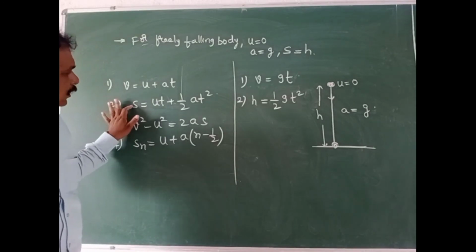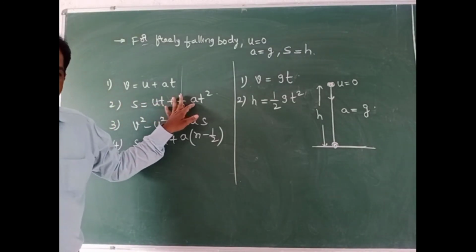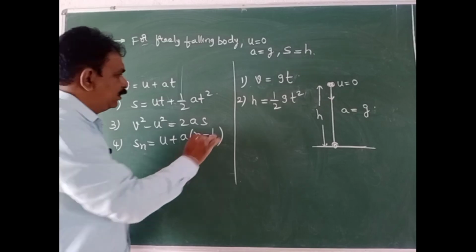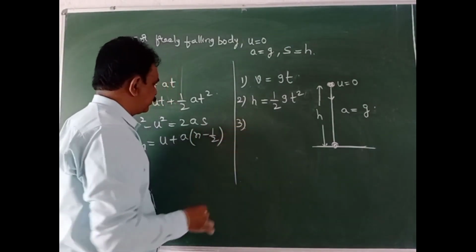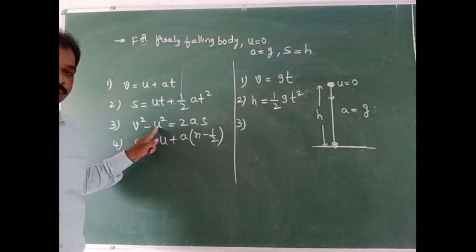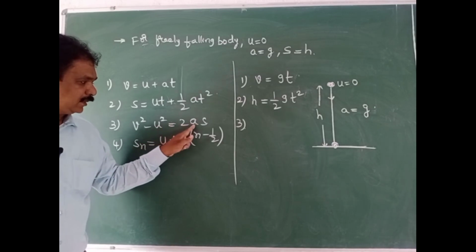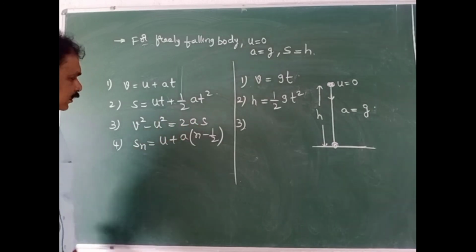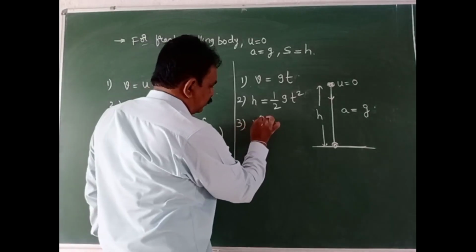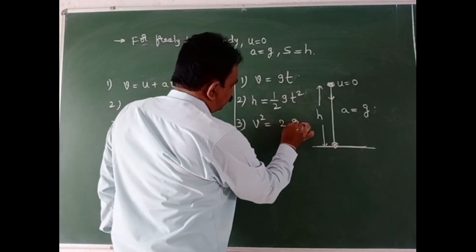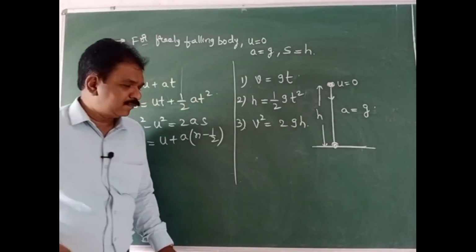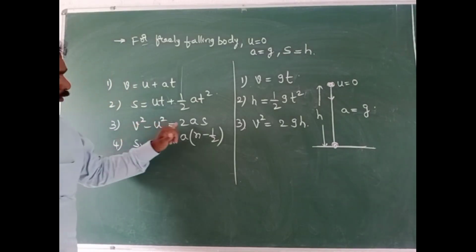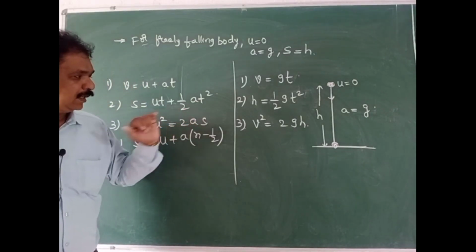So h is equal to half gt square. Next, third one. Place u 0, a g, s h. So v square is equal to 2gh.